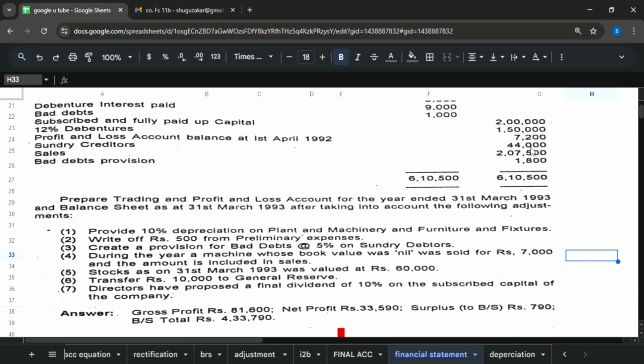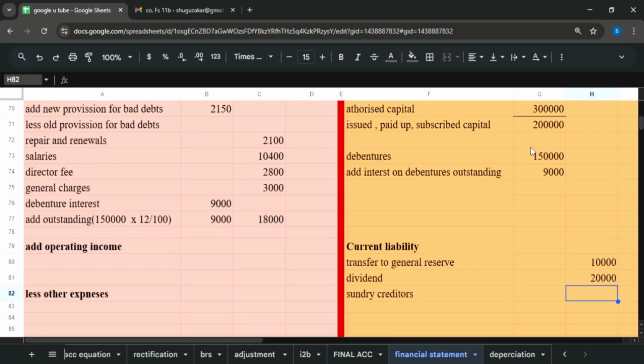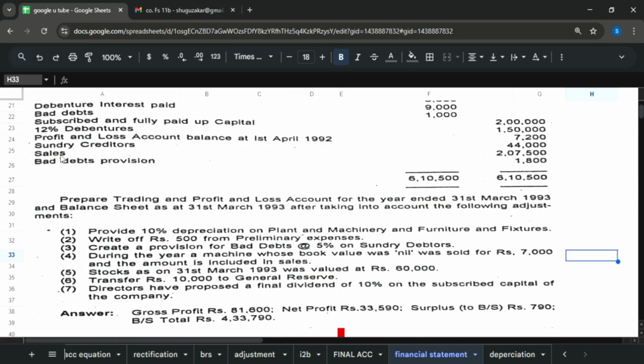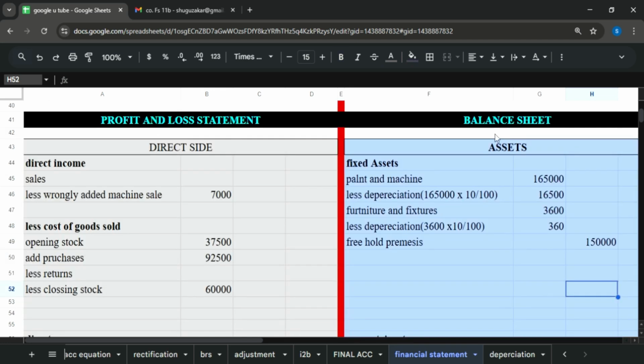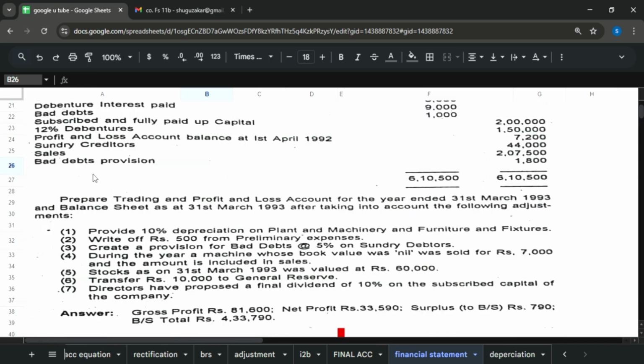Third last, 44,000. Put 44,000 on the current liability side, and after creditors we have sales, 207,500. So here 207,500 would be mentioned.